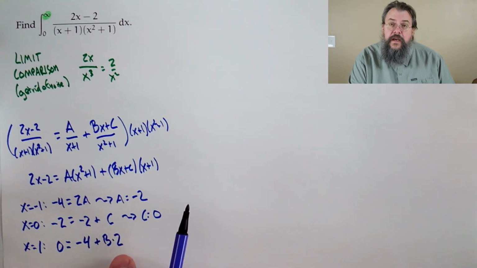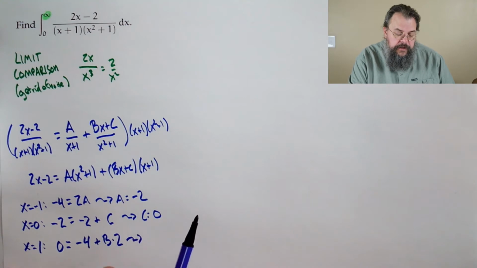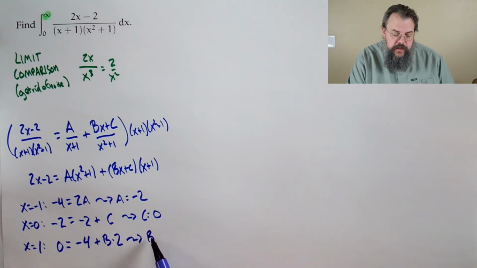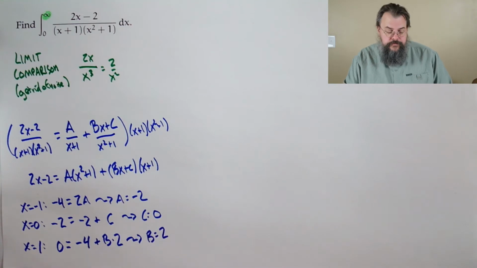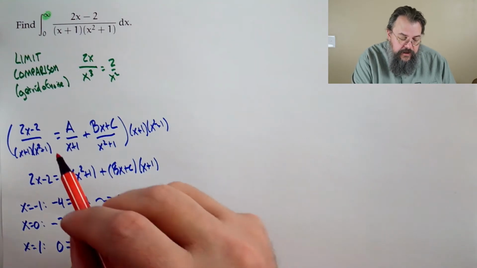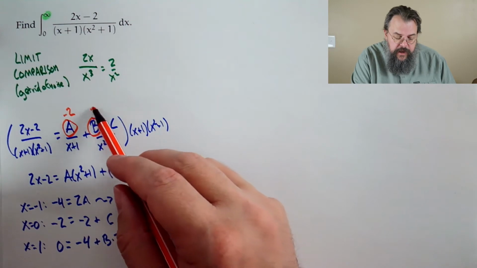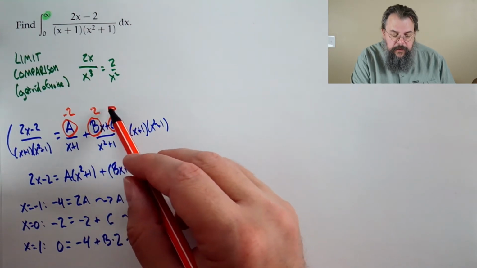So it's really 2b. Or is it not 2b? Well, no, it is 2b, right? What does that say? Well, it says b is 2. All right. So we say, aha. We know these values. So this is negative 2, this is positive 2, and that one is 0.